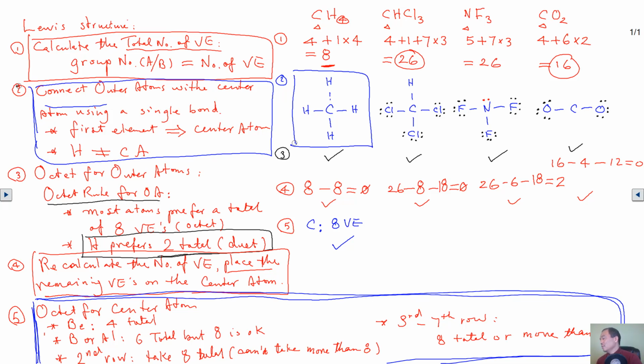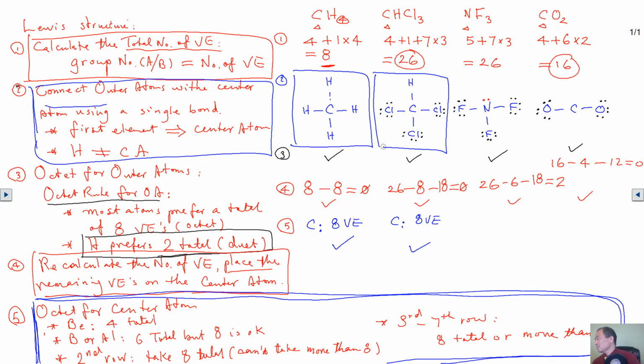Let's look at the second one. The second one also has carbon as the center atom, which is over here. Carbon has 1, 2, 3, 4 single bonds surrounding it and no dots. That's 8 valence electrons. Oh, carbon is happy. So that means for the second example, it's also the final Lewis structure and its correct structure.